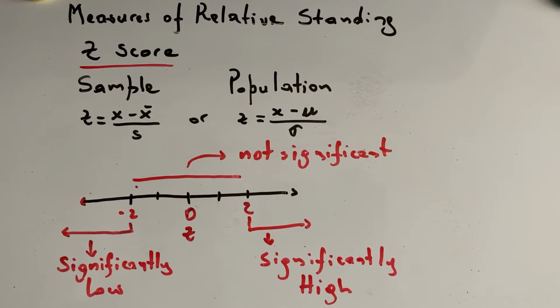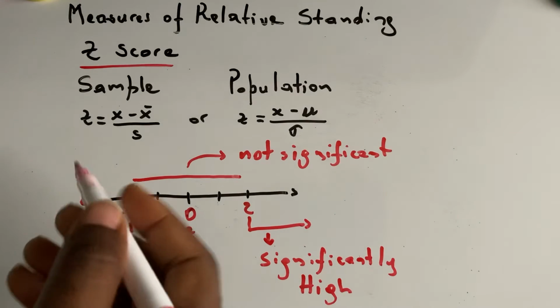You have a student score, let's say it's 70, or whatever value you get. You want to know how many standard deviations that value is above or below the mean, and whether it's significantly low or significantly high, or not. The z-score will help you determine whether a value you have is significantly high or low. That's why it's so important.